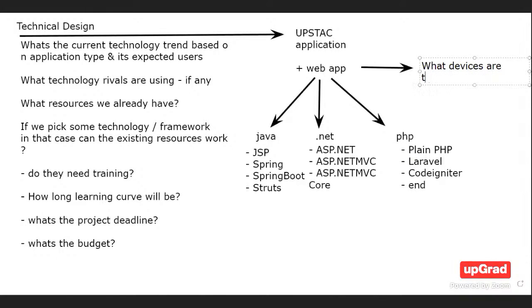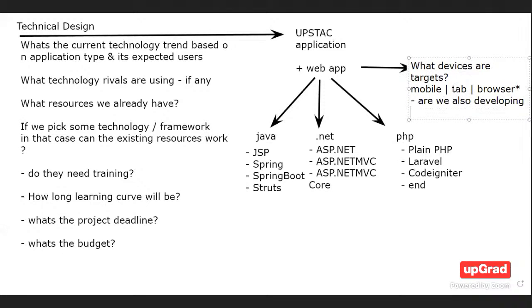Is it a mobile user, a tablet user, or a desktop-based browser user that we are targeting over here? Do we have any intention of developing a mobile application later on? So are we also developing a mobile app as well? These are certain answers that an architect must have.